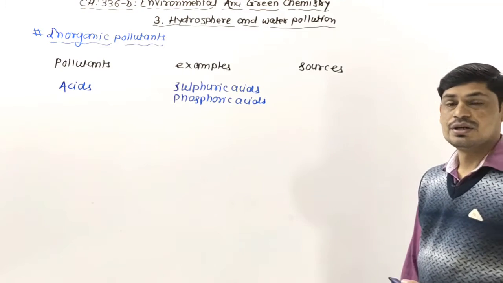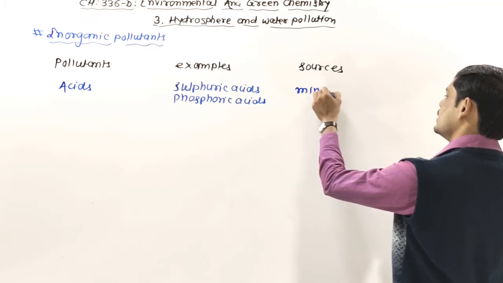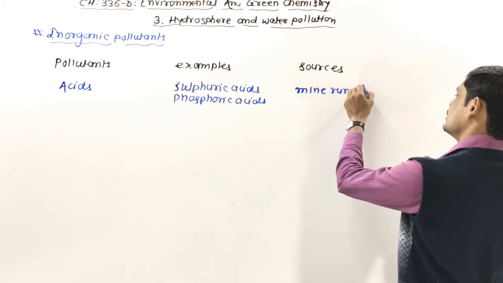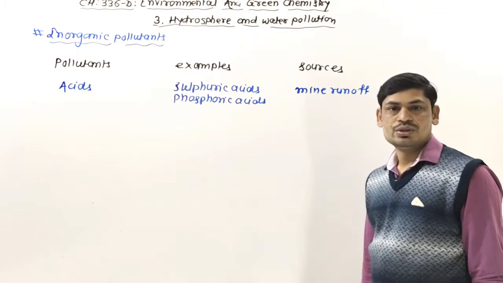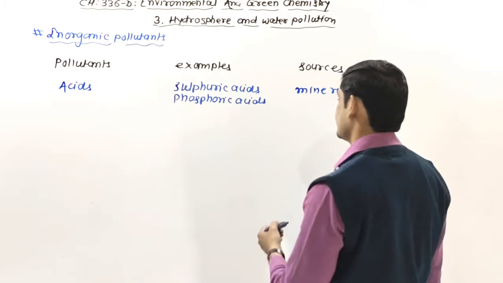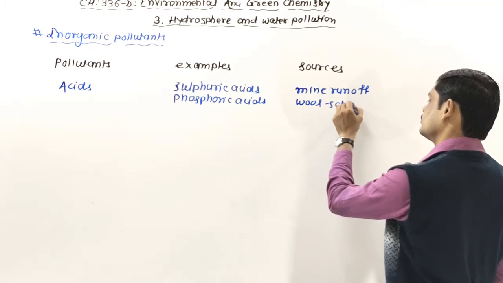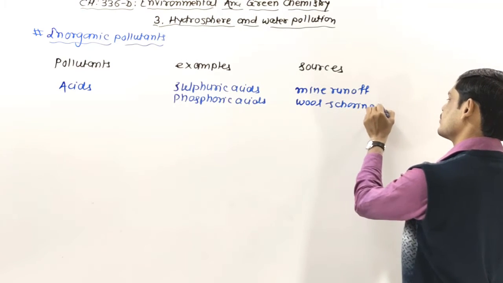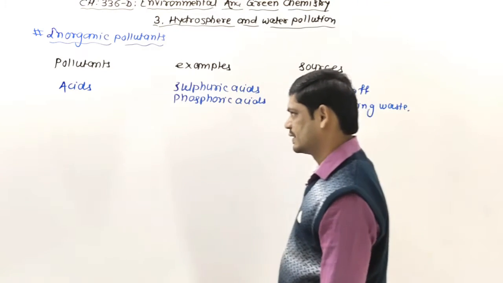The first one is mine runoff. Second is wool scouring process or waste.